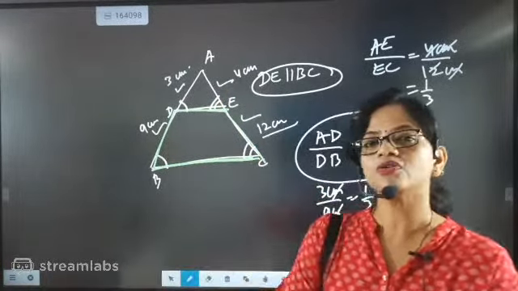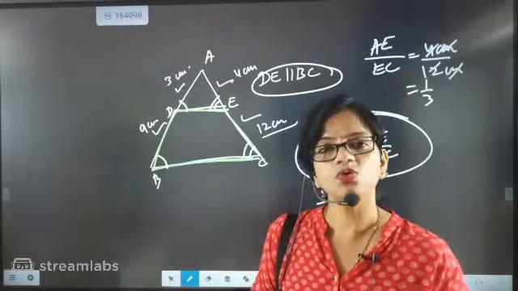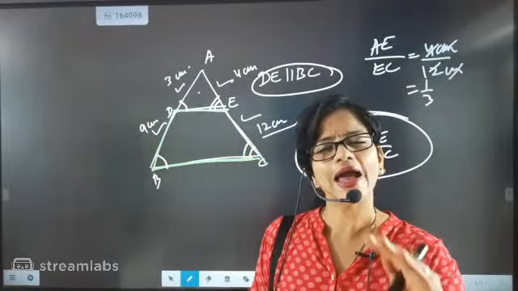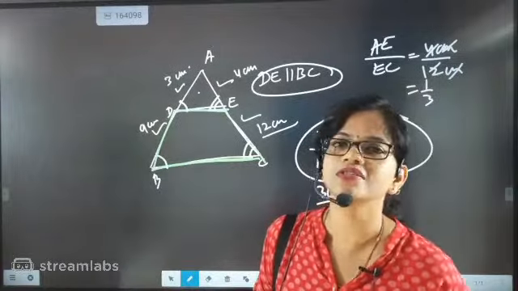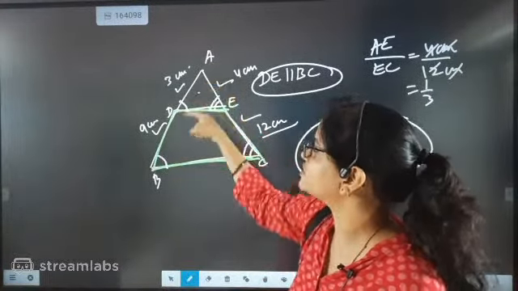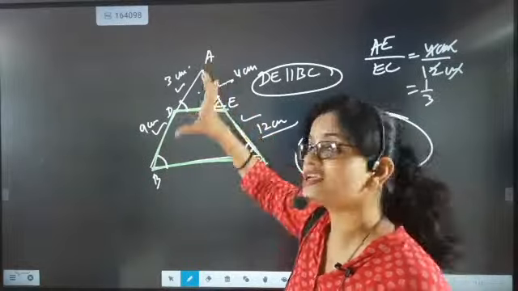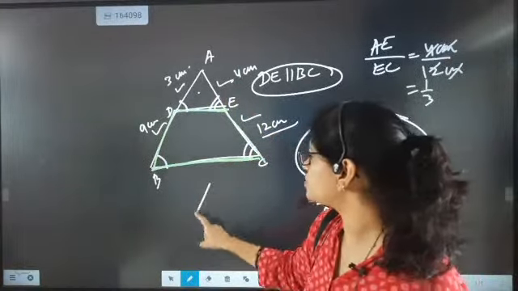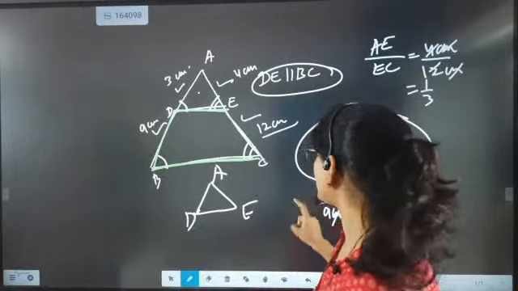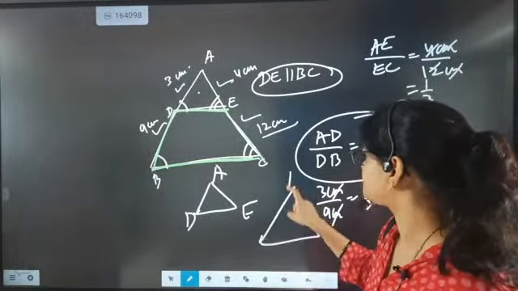In the beginning part, the introduction part, I told you, beta, that if any two triangles' angles are the same, that means the triangles are similar. Now look here, I am going to take out the two triangles. Right now I can see two triangles. What are the two triangles? One triangle is ADE, another triangle is ABC.